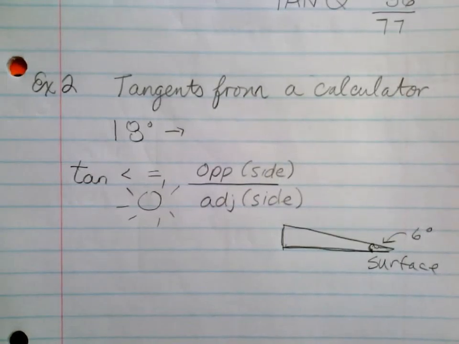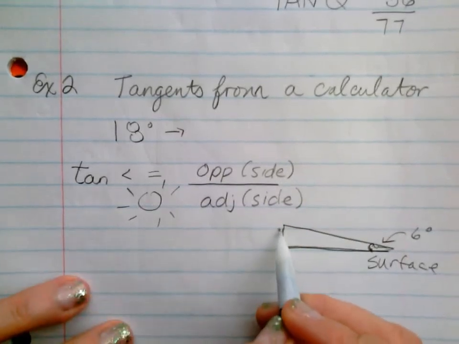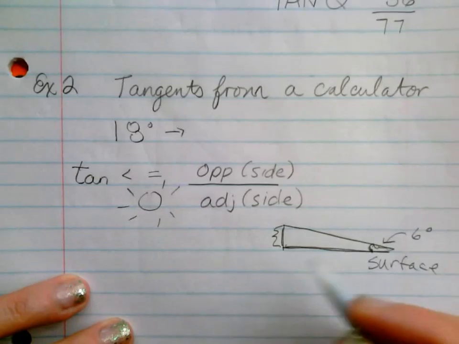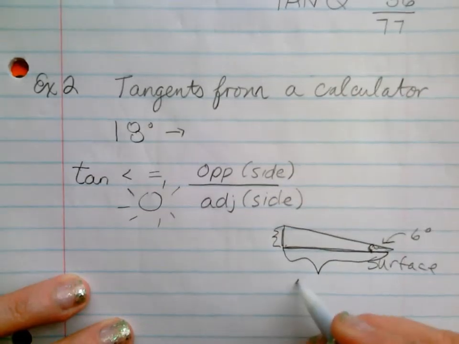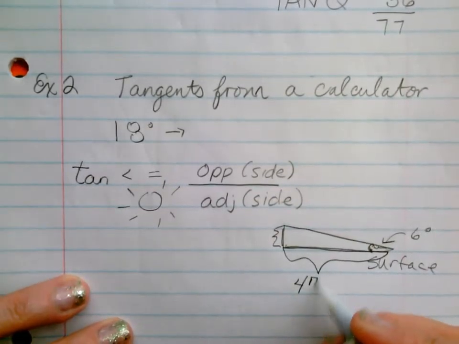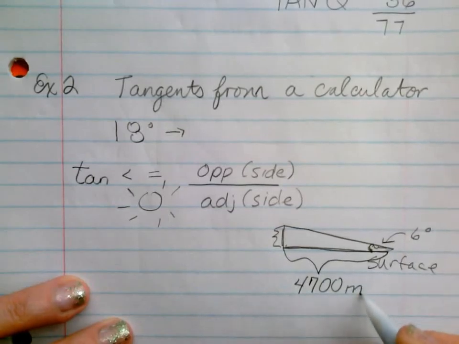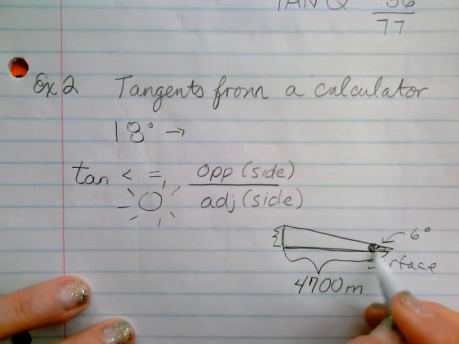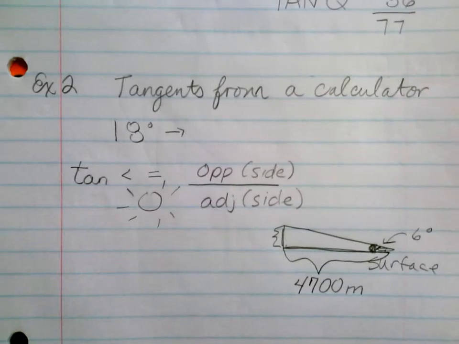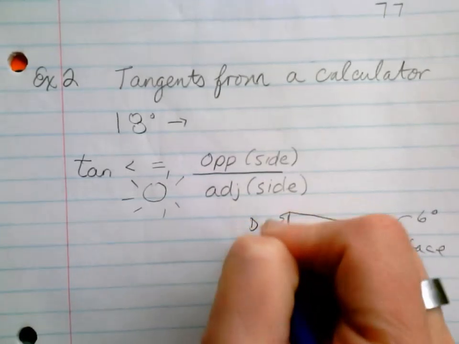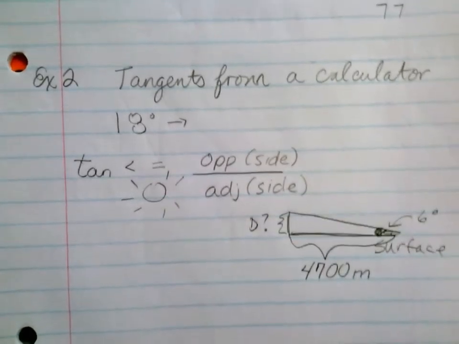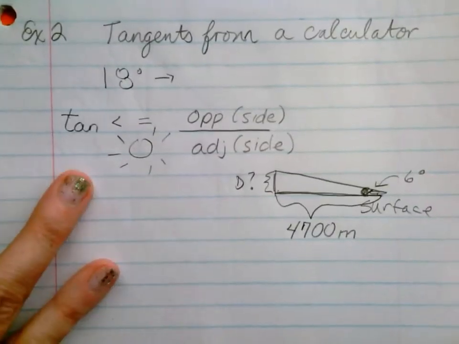When that happens, the edge of the crater casts a shadow that has a length of 4,700 meters. So this crater wall casts a shadow that is 4,700 meters. What is the depth of the crater? We don't know what the depth is, but I can certainly use the tangent ratio.